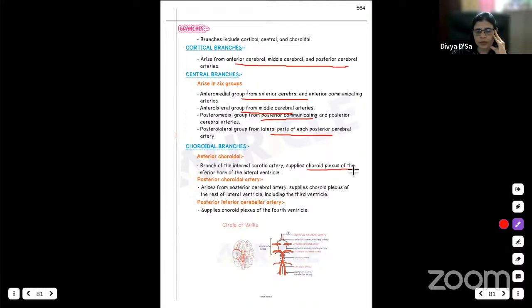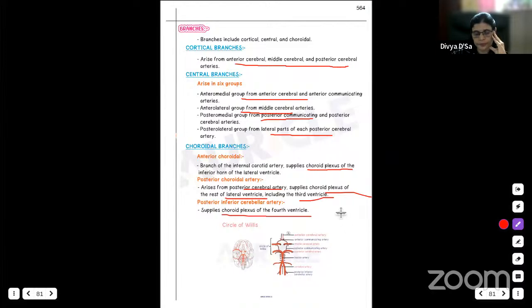It supplies the choroid plexus of the inferior horn of lateral ventricle. Posterior choroidal is coming from the posterior cerebral artery, which is coming from basilar artery. It supplies the choroid plexus of the remaining portion of the lateral ventricle as well as the third ventricle. And posterior inferior cerebellar artery supplies the choroid plexus of the fourth ventricle.